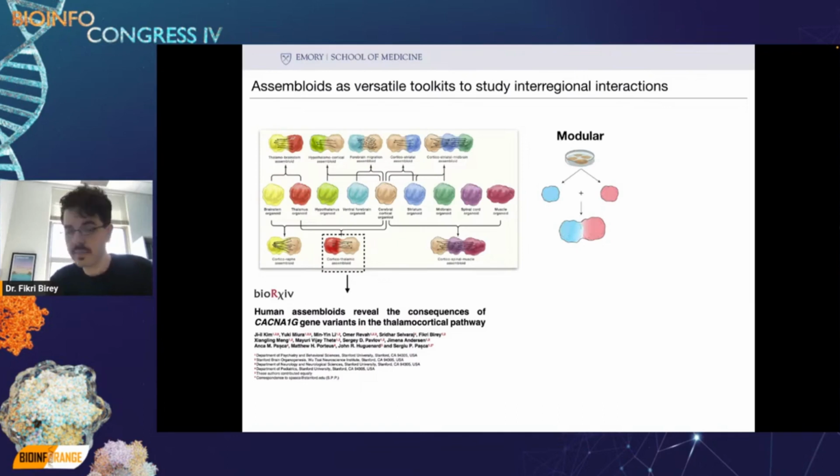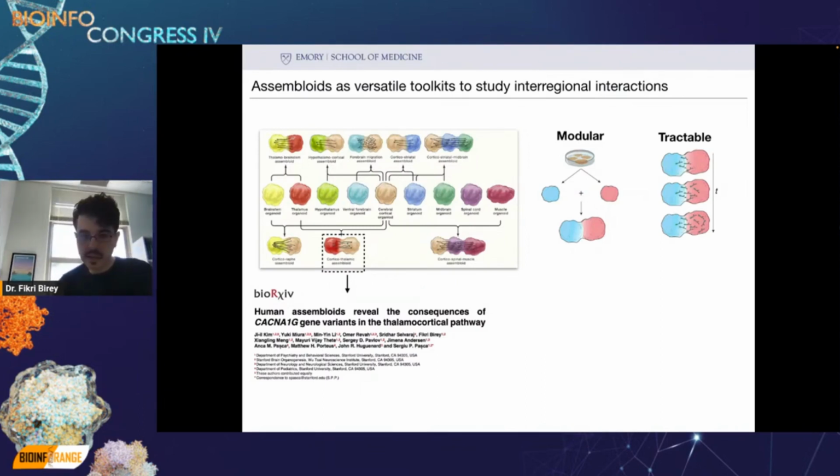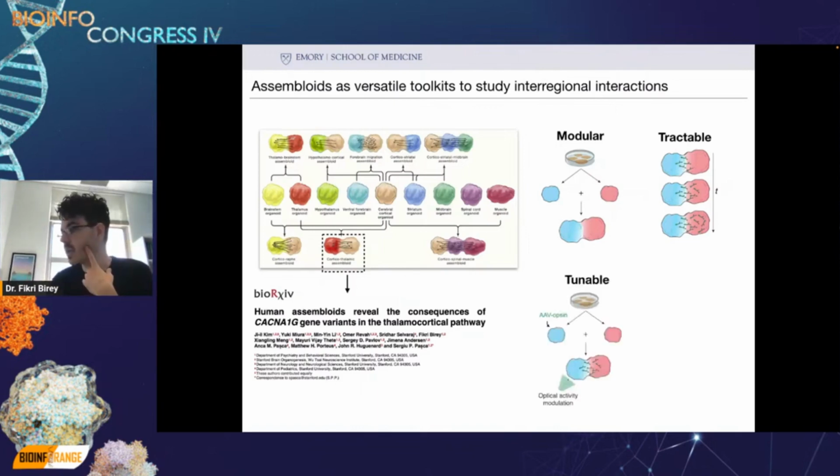One, that they're modular: you can make these region-specific organoids separately, and then assemble them at will, giving you tight control over when to introduce connectivity between regions. Two, they're very tractable, unlike an embryonic mouse brain, for example. They're in a dish, and you can at ease do longitudinal studies where you follow any number of processes over time within a single assembloid, right? So that's a huge advantage.